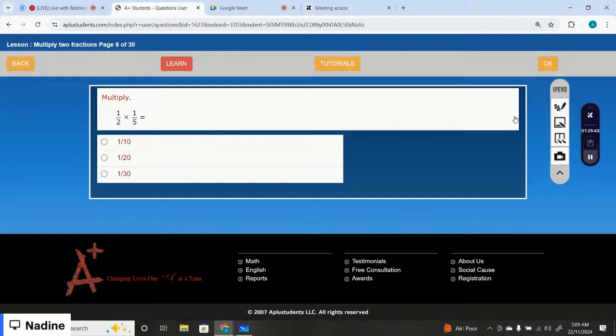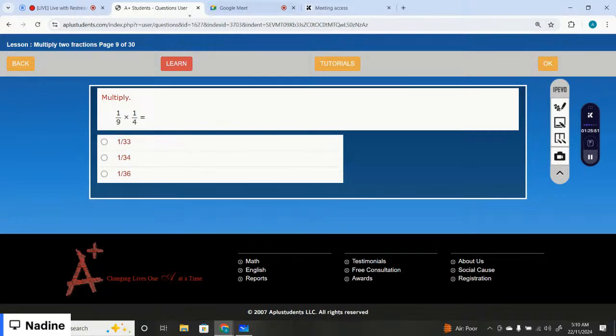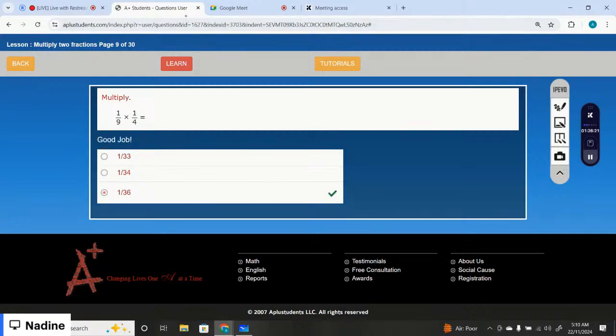Option number 1 is the correct option. The next one is 1 by 9 times 1 by 4. So, which is the correct option? That is 1 over 36. Option number 3 is the correct option.